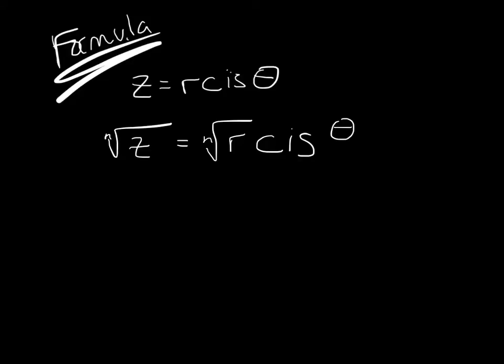We're going to do theta plus 2 pi k over n. n is the root, right? We're taking the nth root. Here we're dividing the angle by n.